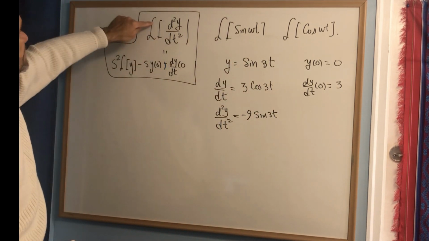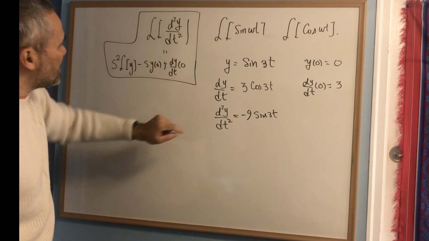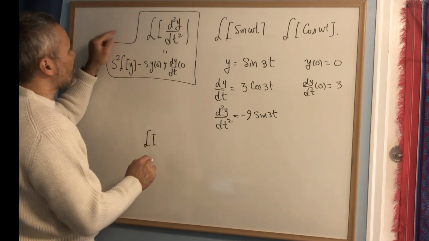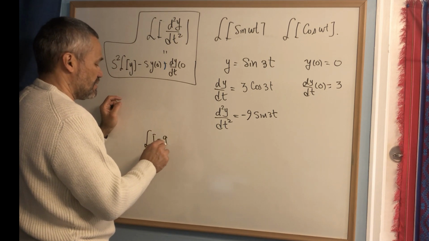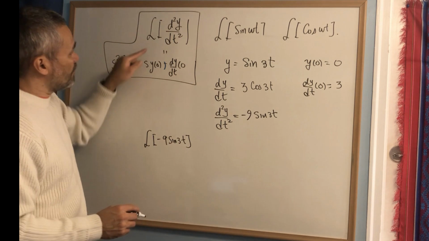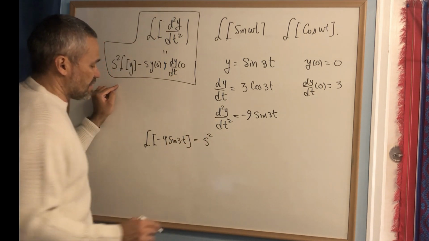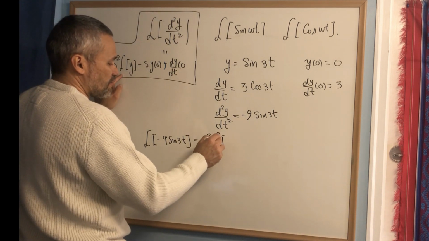But now, let's apply this formula to see what we get. It says that the Laplace transform of the second derivative of this function, which is negative 9 sine of 3t, right, is equal to s squared times the Laplace transform of the function.